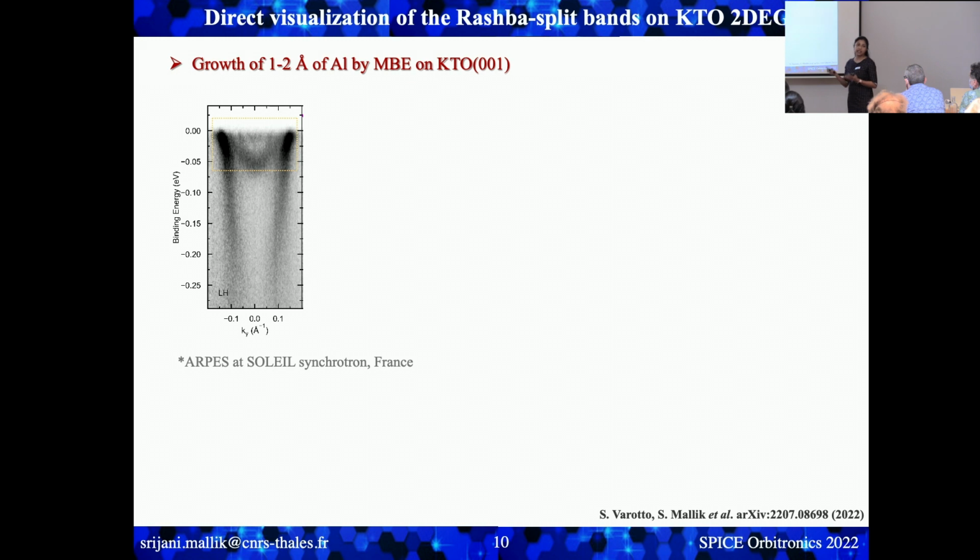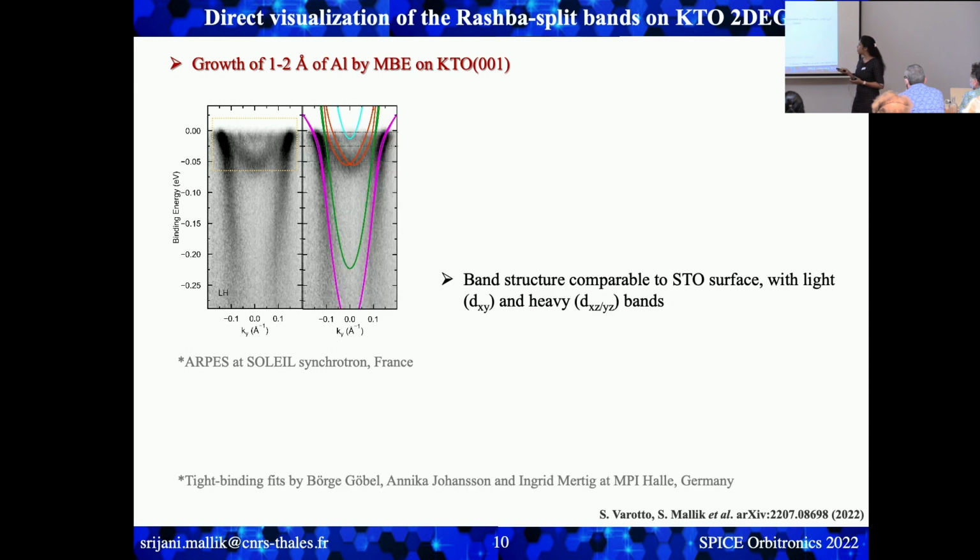To understand this band structure more, we collaborated with the group of Ingrid Mertig in Halle, who performed tight-binding fits so that we can really understand this. The tight-binding fits match very well with the observed band structure, and here we can see that there are a few band pairs which contribute to the transport of the electrons.